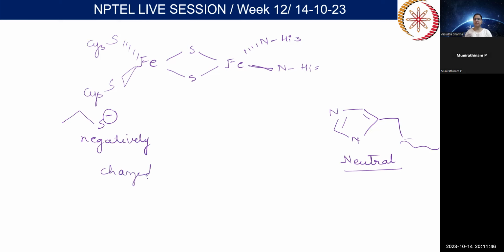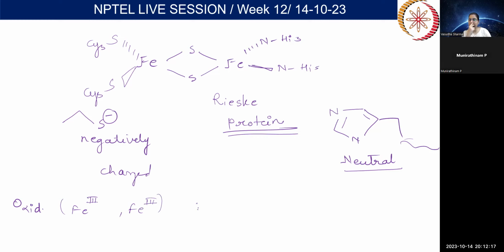So earlier we had both irons in the same coordination number and same coordination sites, both with S-cysteine. But now we have replaced one set with N-histidine, and therefore the name of this particular protein is Rieske protein. The earlier one was ferredoxin. This is Rieske protein. Here, if you see the oxidized form, also both the irons are in +3.